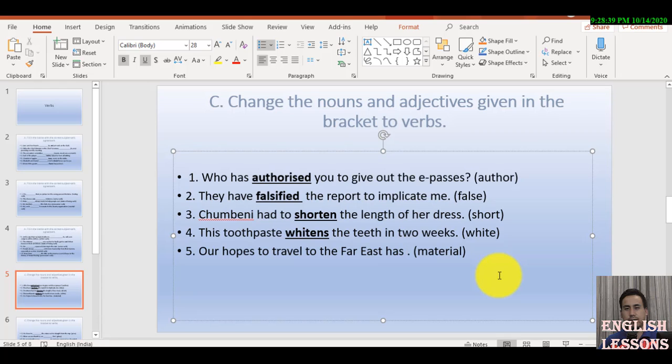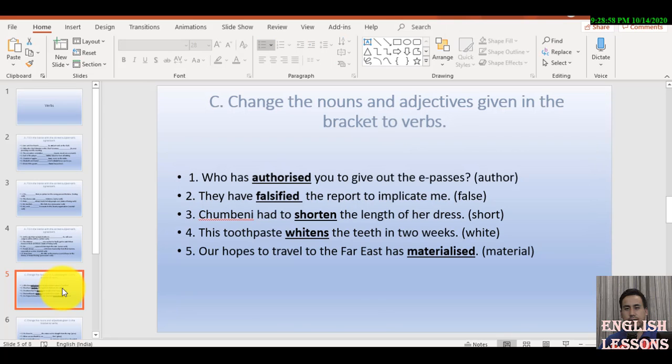Go, went, gone, do, did, done, third form of the verb, or to say past participle. Has materialized. Our hopes to travel to the Far East has materialized. So that is the correct answer.